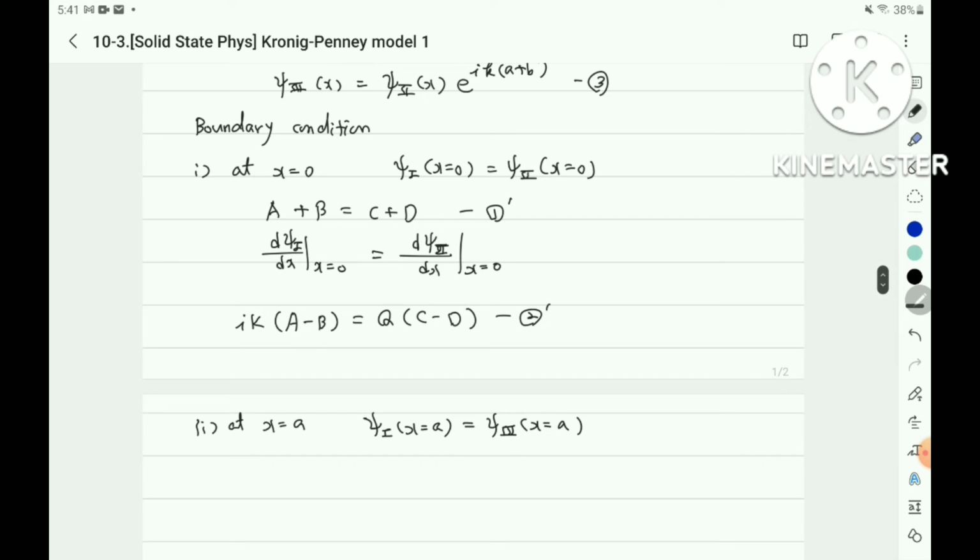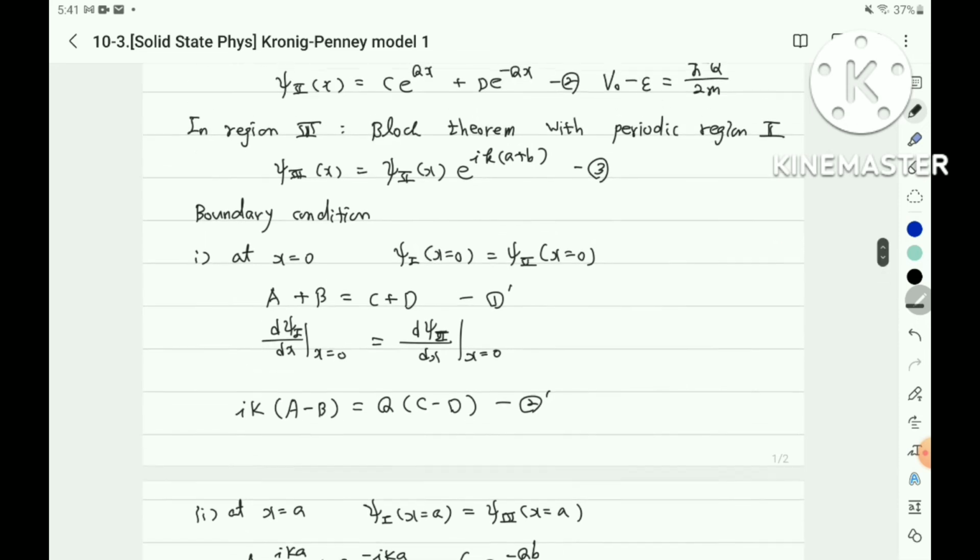In the x equal to a case, a exponential ika plus b exponential minus ika should equal, in region 3, c exponential minus qb.